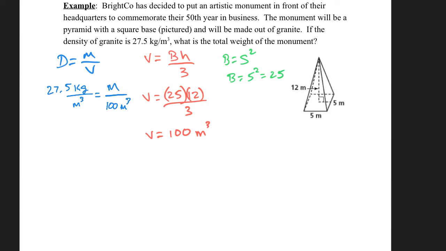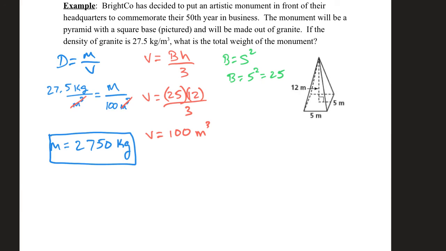And then when we multiply both sides by 100, these two cubic meters are going to cancel each other out, just leaving the kilograms, which is what mass is in terms of. So we multiply both sides by 100, and we will get a mass of 27.5 times 100. Just move the decimal place to the right twice, and we get 2750 kilograms.